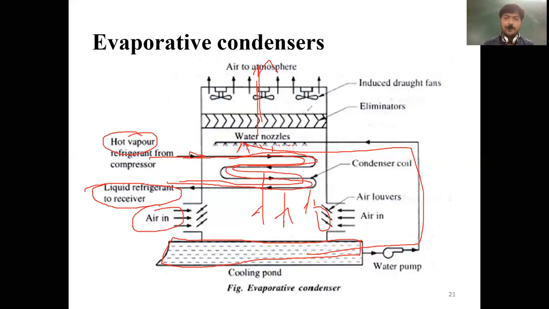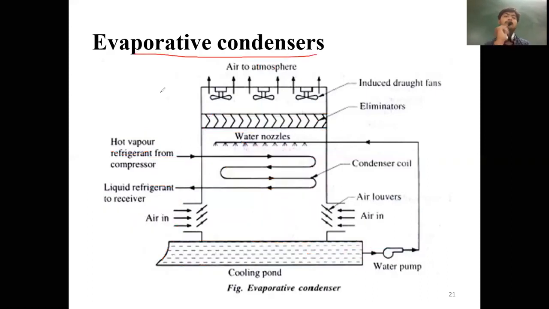An eliminator is used to separate water particles. Induced draught fans are used to draw out this water vapor and discharge it to the atmosphere. This is a very important type of condenser because the water, which is in liquid form, vaporizes. That's why it is known as the evaporative type condenser.